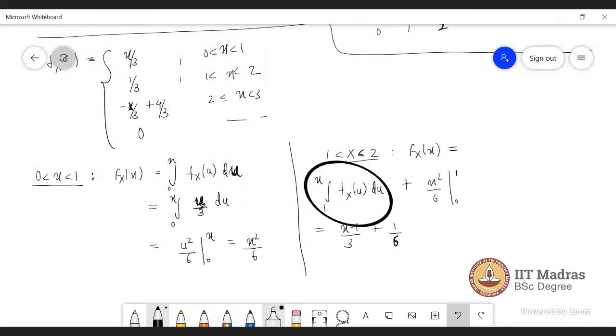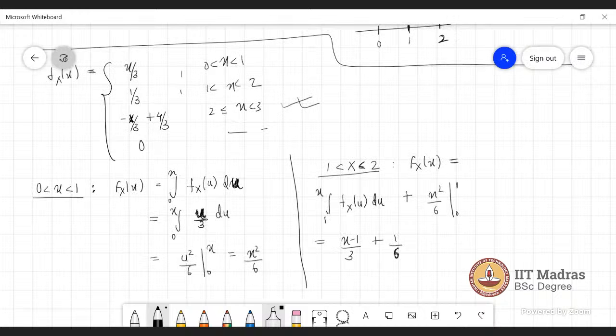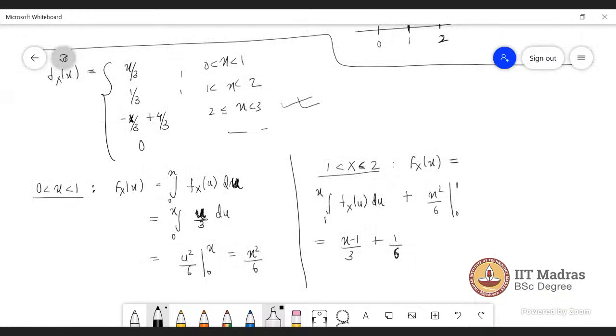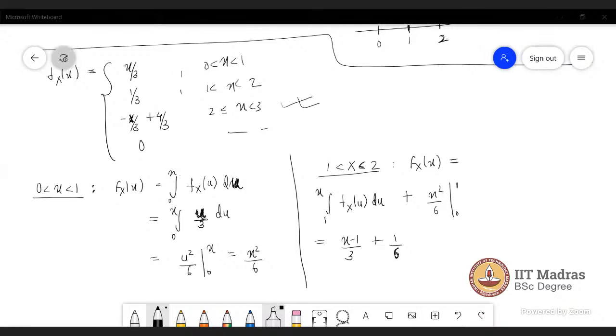For x lying between 1 to 2, you have already added the previous one for x lying between 0 to 1. Then why do you want to do it for 0 to 2? It has already been added there. So, ma'am, what will be the term? This is the doubt actually for a lot of us.